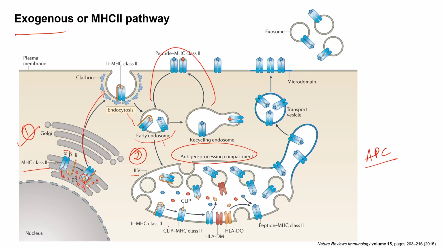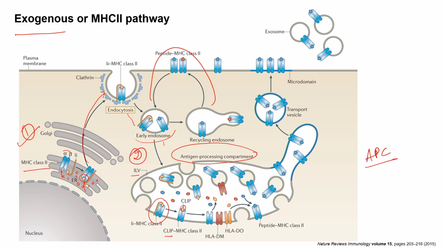Now just to recapitulate, the alpha and beta chain of the MHC2 in the cells is already occupied by the Li chain. This Li chain is clipped off by specific proteases present in the endosome or this luminal vesicle, and because of that proteolytic cleavage, only a small fragment of the peptide remains in this premature form of MHC2.